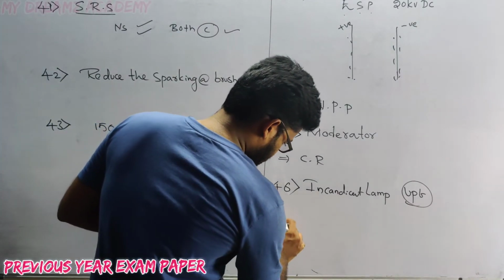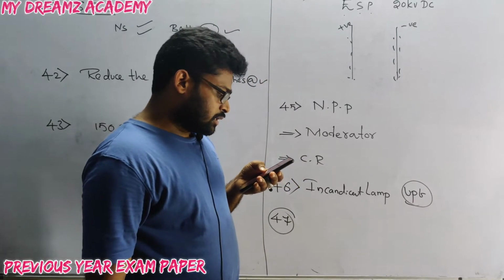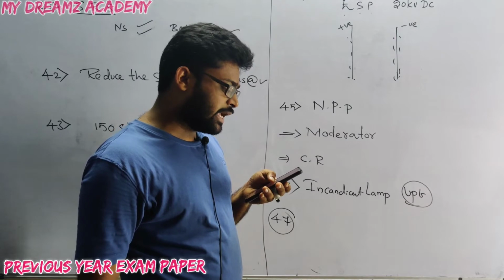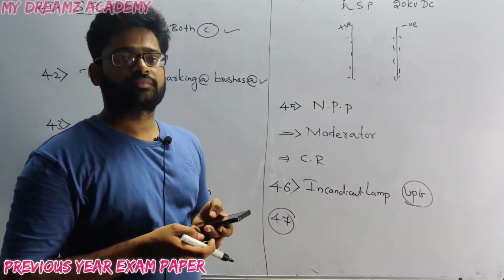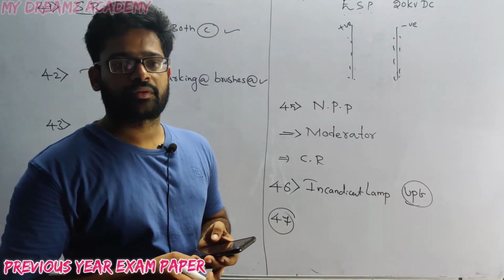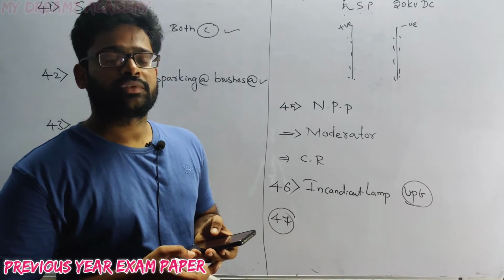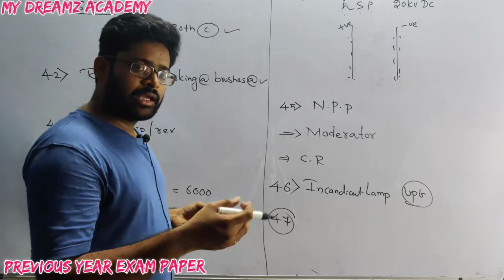Next one, question number 47: the world's first 100% solar powered airport. We have one airport that is 100% solar powered, which is in Kerala, that is called Cochin Airport.